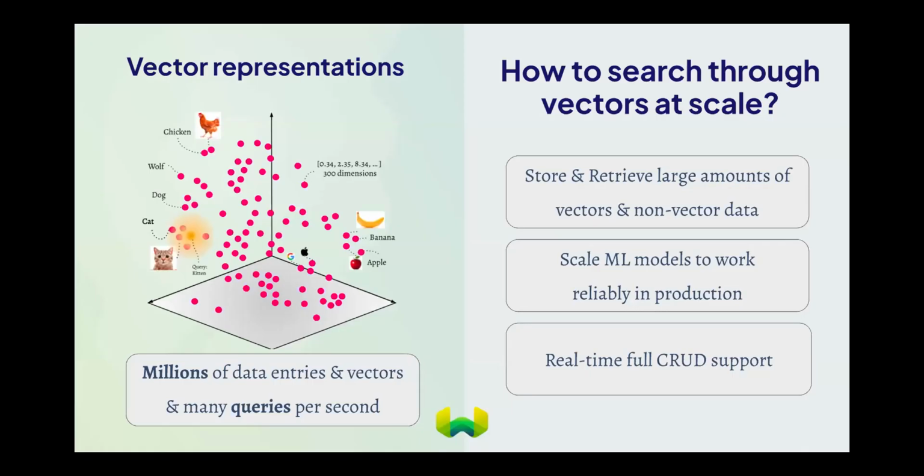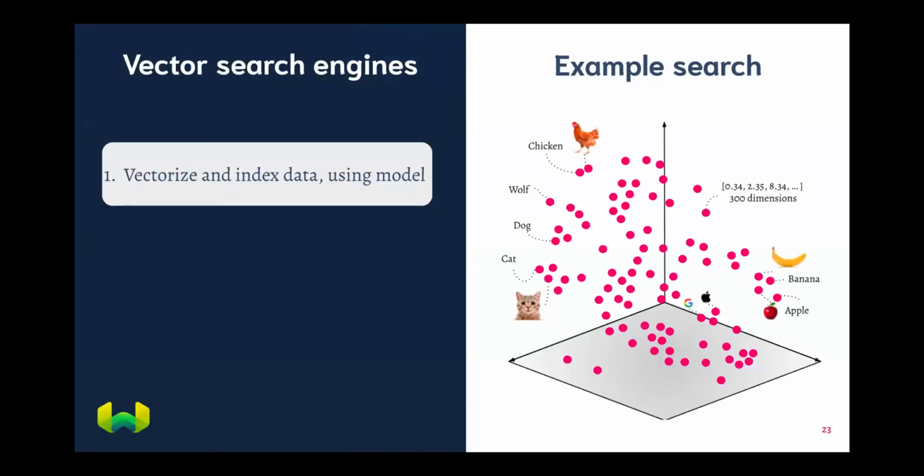Here is the slide again. So vector databases solve the challenge of storing and retrieving large amounts of vector data, and some of them of non-vector data as well, the original objects. And they provide scaling. So again, how a query would work is that we vectorize the input data.